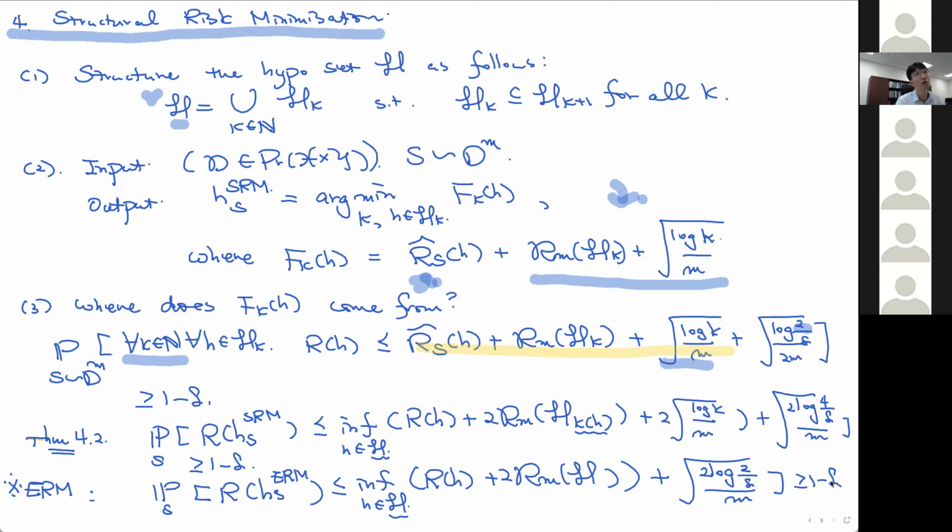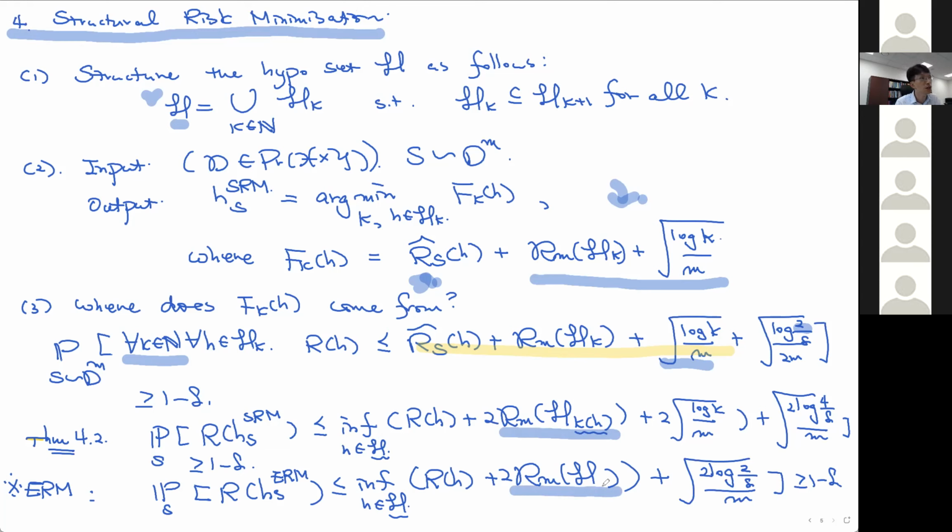So the key difference is here. If you look at the Rademacher complexity in both cases, ERM doesn't impose any structure on this big hypothesis set H. SRM, in a sense, stratifies this big hypothesis set H into increasingly more complex hypothesis sets, right?